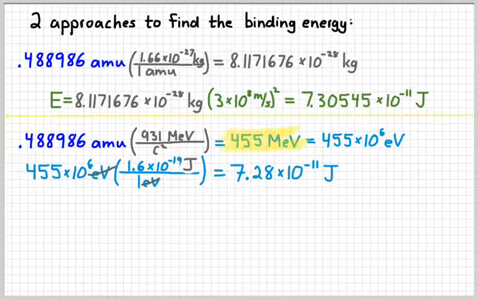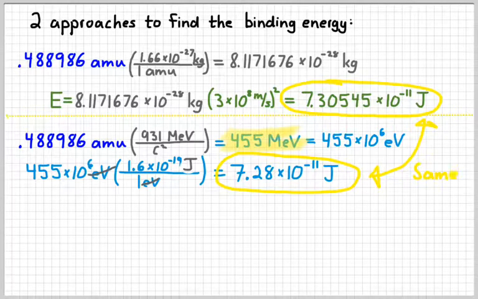Basically, 7.3 times 10 to the negative 11 joules. So there are some slight differences in the way we would round the intermediate numbers, namely the 931, but you can see that we get essentially the same answer either way. So again, it's perfectly okay to leave your answer in mega electron volts. That's actually preferred in a lot of situations.